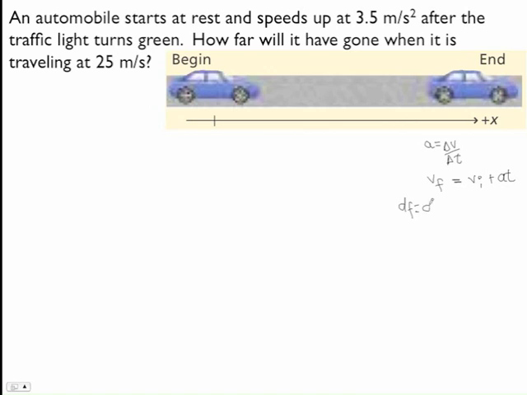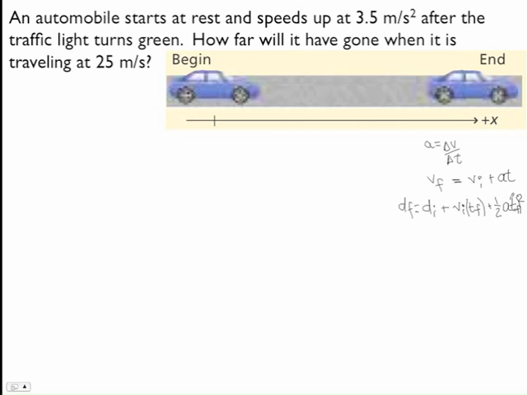We have DF equals DI plus VI TF, I'm just putting that in parentheses, plus 1/2 A T squared. And this is your final time.